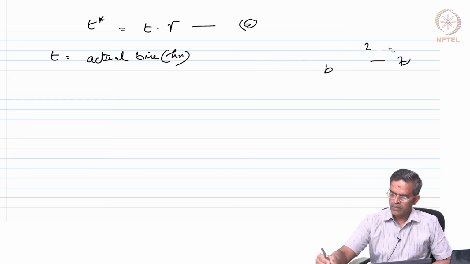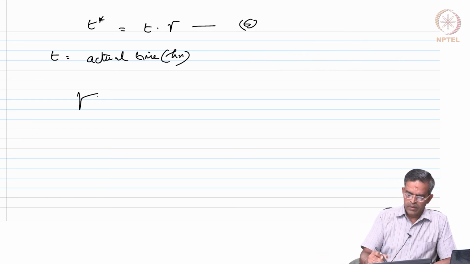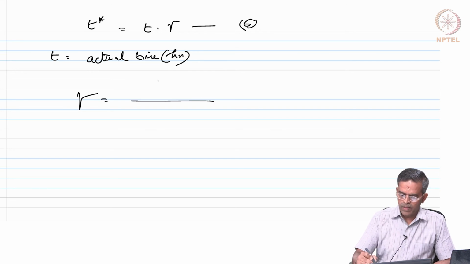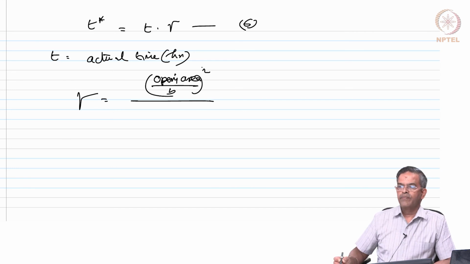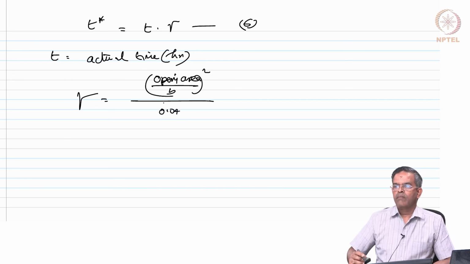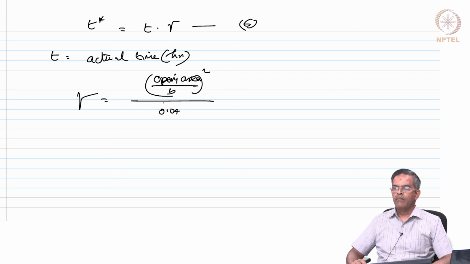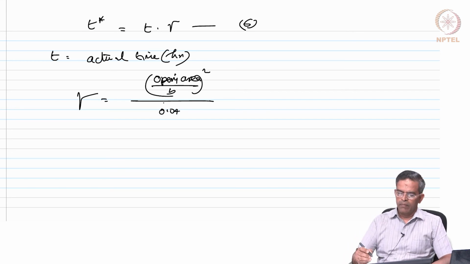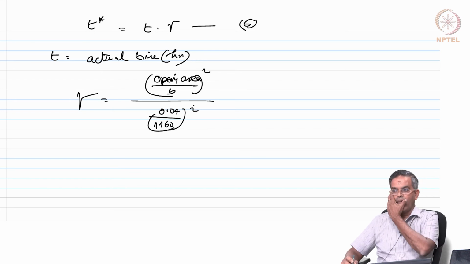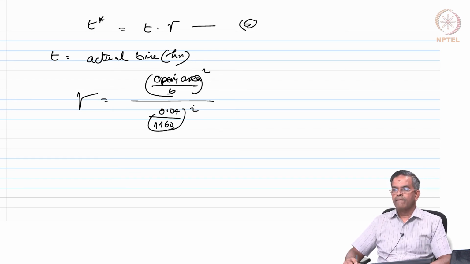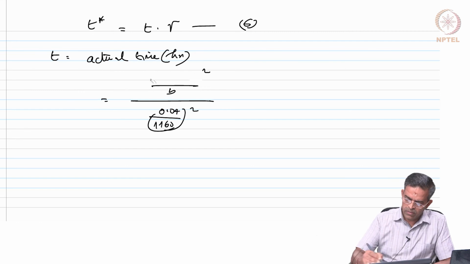Let me write it down here. Gamma is the opening area by b squared, which is (0.04 by 1160) squared.